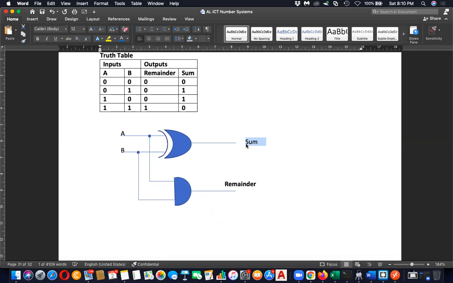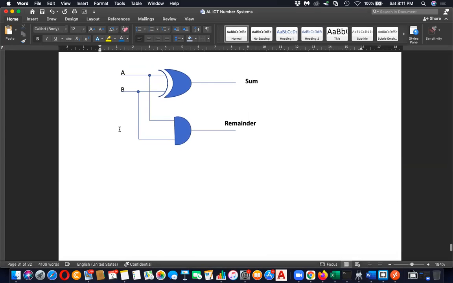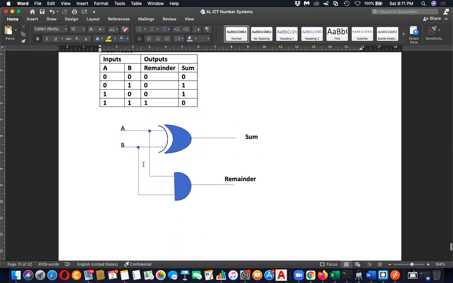So please draw this circuit, sum and the remainder. After that, you can draw the truth table for this. Full truth table.